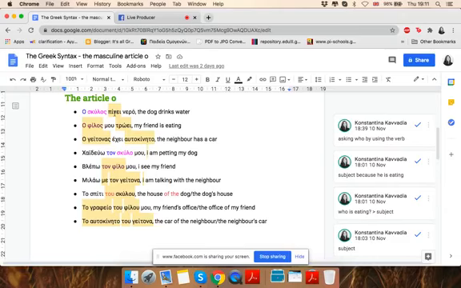Okay, I'm exaggerating a little bit, but you can have a lot of subjects in a sentence, depending on what form the verb is in. But here we're going to see the simplest, because we want to learn the basic rule about word order. So, ο σκύλος, the subject, is carrying out the main role. This is why it ends in -os, and this is why it has the article ο in front.